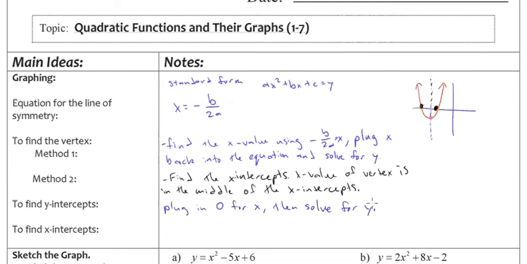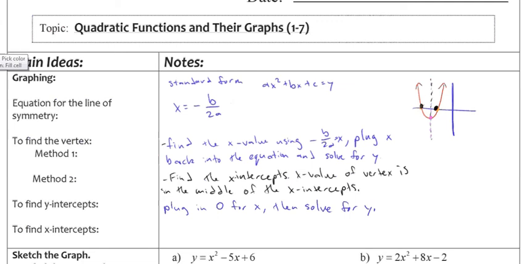And that's, again, true for any equation that you can have. It doesn't matter what type of function it is. If you plug in 0 for x, that's going to be right on your y-axis. And whatever you get as y is where you would be hitting the y-axis. That would be your y-intercept.